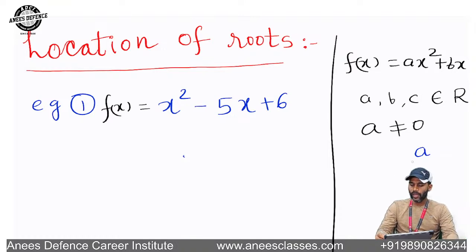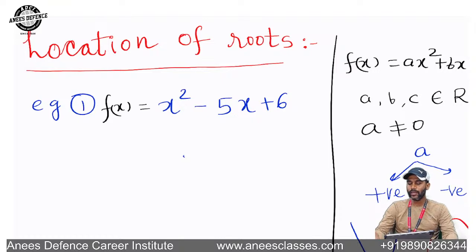Remember one thing, in order to draw the graph of a quadratic function, the first thing to remember: if a is positive, the parabola will be upward. And if a is negative, the parabola would be downward. Yes or no? Yes.